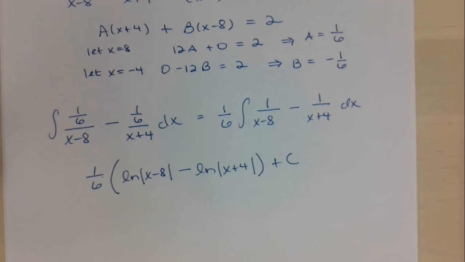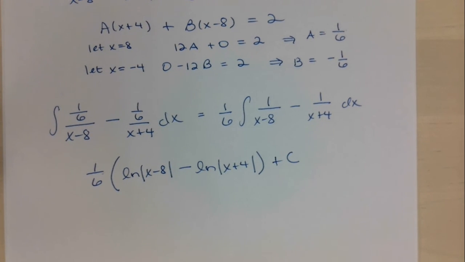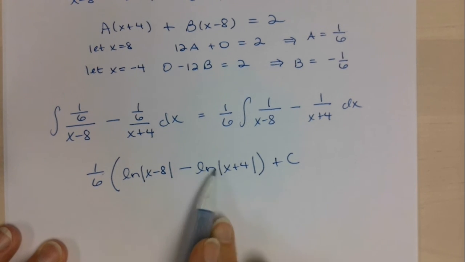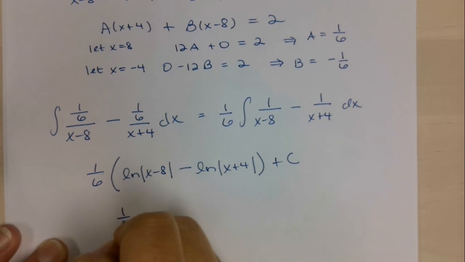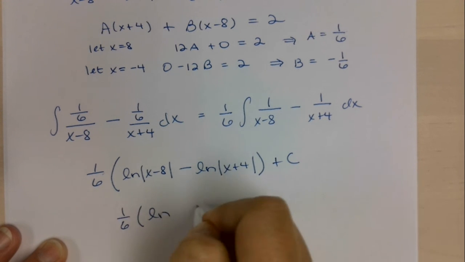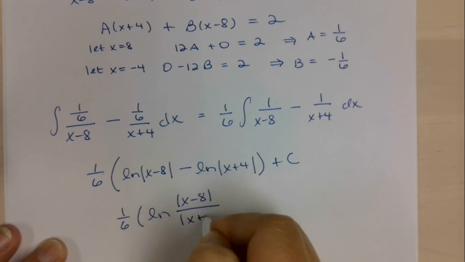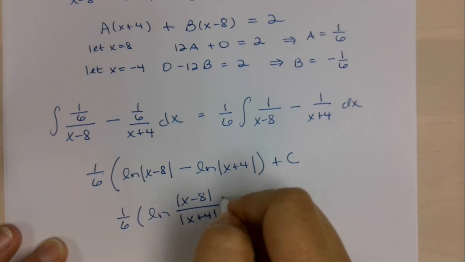And let me take this opportunity just to remind you about log properties, because often when we see these problems on the AP test, the answers will be written in a different form using log properties. Remember that if you are subtracting logs like this, we can rewrite that as x minus 8 divided by x plus 4, still both in absolute value.